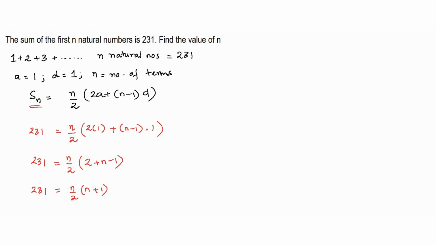This 2 is in division, it goes to the other side for multiplication. Therefore 462 is equal to n(n + 1), which means 462 is equal to n² + n, and therefore n² + n - 462 = 0.